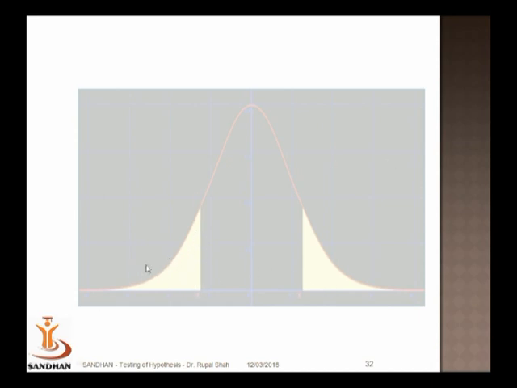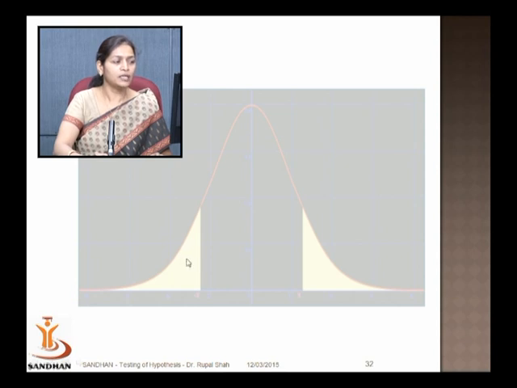So this is a two-sided test, and this is the critical region of a two-sided test. If your critical region lies on both tails, these are called the tails of the probability distribution. Here, as you can see, it's a symmetrical probability curve. Say for example, suppose you have a normal distribution which behaves like this. In that case, if you have a two-sided test, your rejection area will be on the left side or the right side. These are called tails of the distribution.